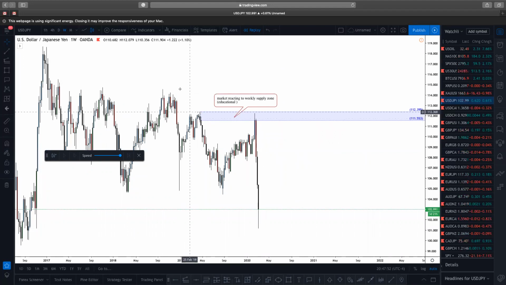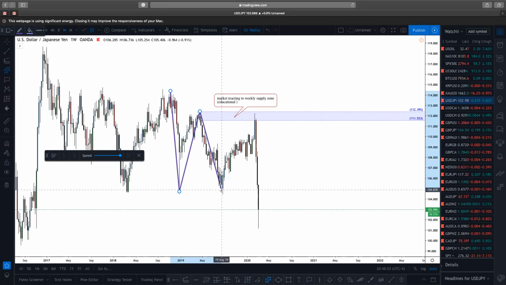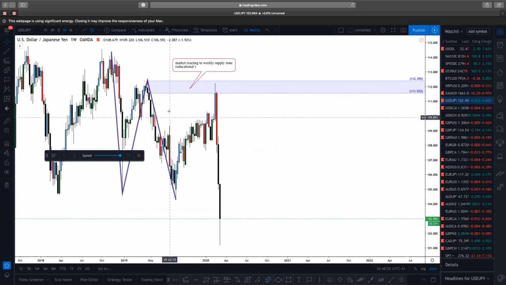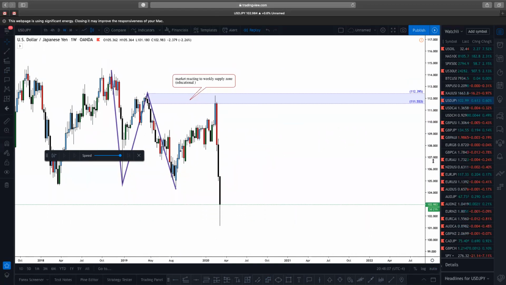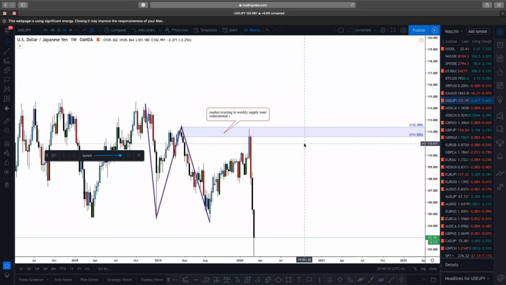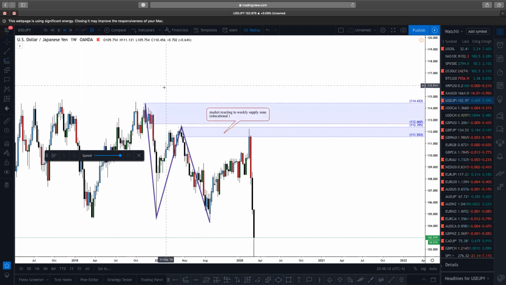Here we have that drop, rally, base, drop, rally, base, drop, right? Now there are several supply and demand levels on this chart. The strongest being the origin of the ones that created the biggest impulse. So this would be one right here, right? And this is why we want to enter a trade a little earlier, because you see the market didn't come right up into this zone.